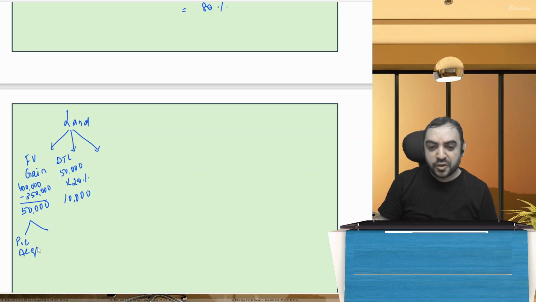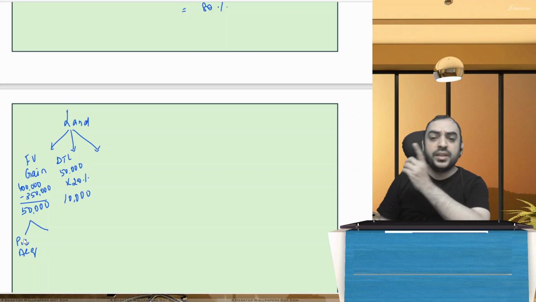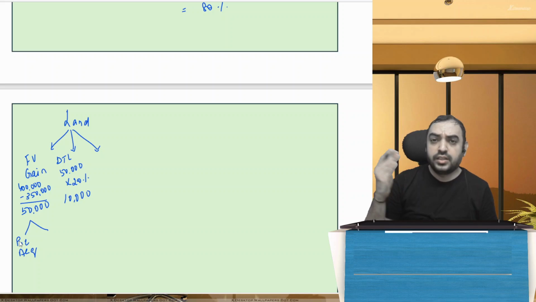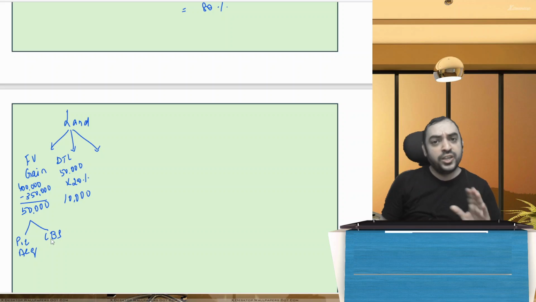So pre-acquisition profits means it will come in the goodwill calculation, as well as in the NCI calculation. And also it is going to affect the asset side of the consolidated balance sheet. On the asset side, when I take the land of the holding and the land of the subsidiary, I have to adjust the fair value gain as well. Similarly, deferred tax liability.